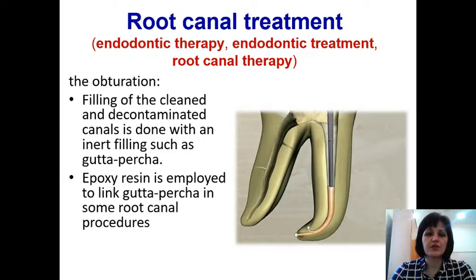What is obturation? It is the filling of the cleaned and decontaminated canals with an inert filling such as gutta percha, for example. Resin is employed with gutta percha in some root canal procedures.